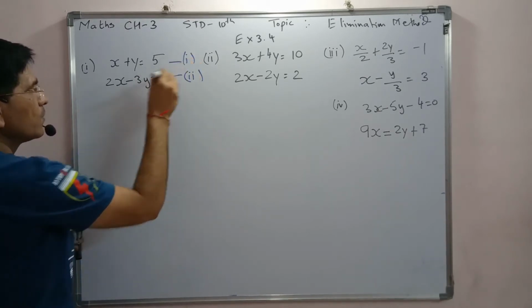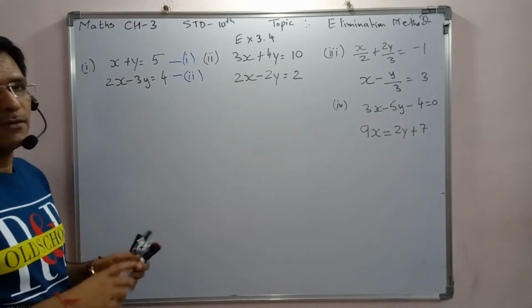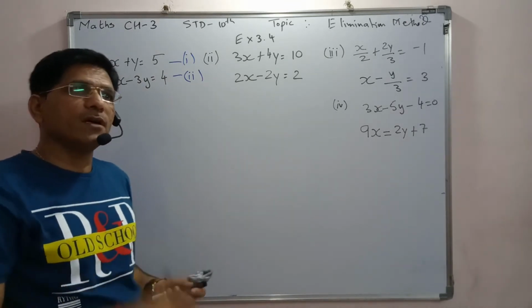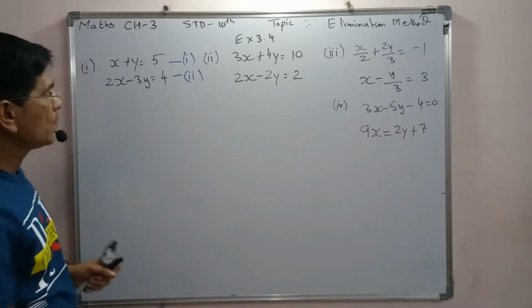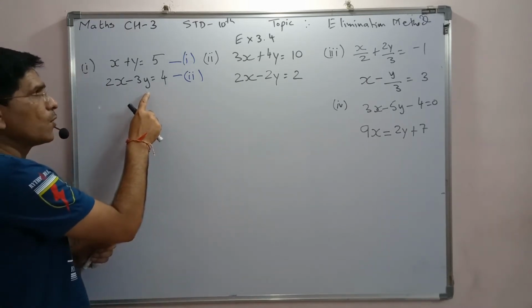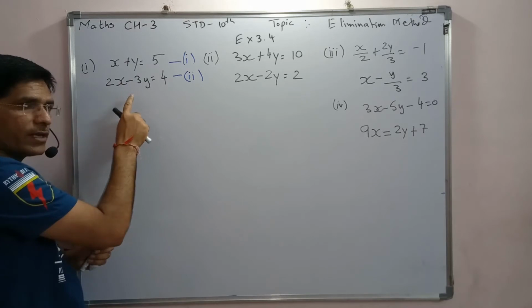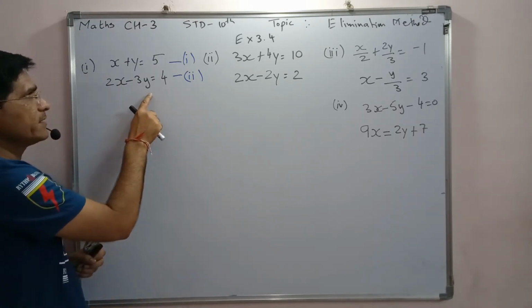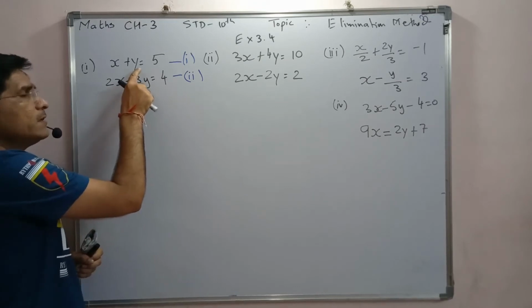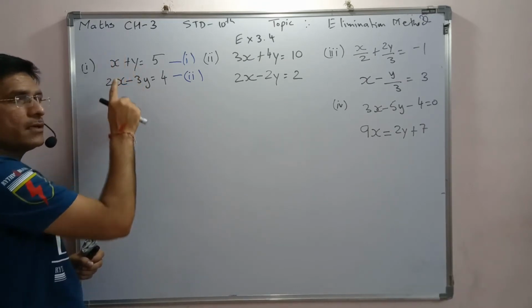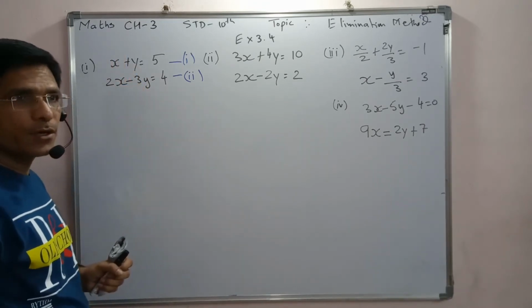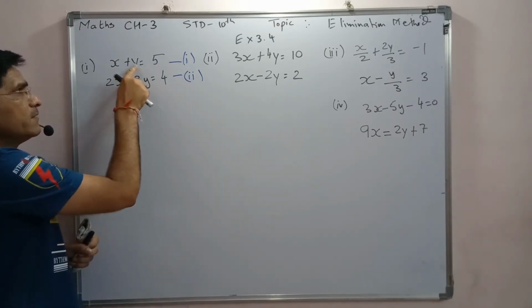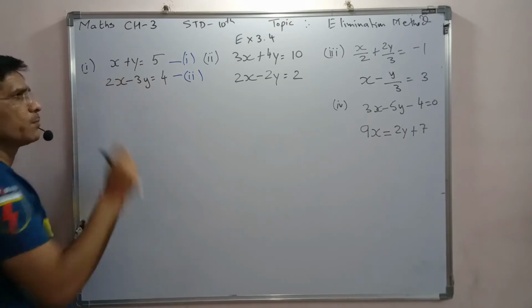Now what is our target? We want to eliminate any one variable. So we have to make the coefficient of that variable equal. If you see, minus 3y is there. If I want to equalize the coefficient of the variable that I want to remove, if I multiply y with 3, then it is possible.